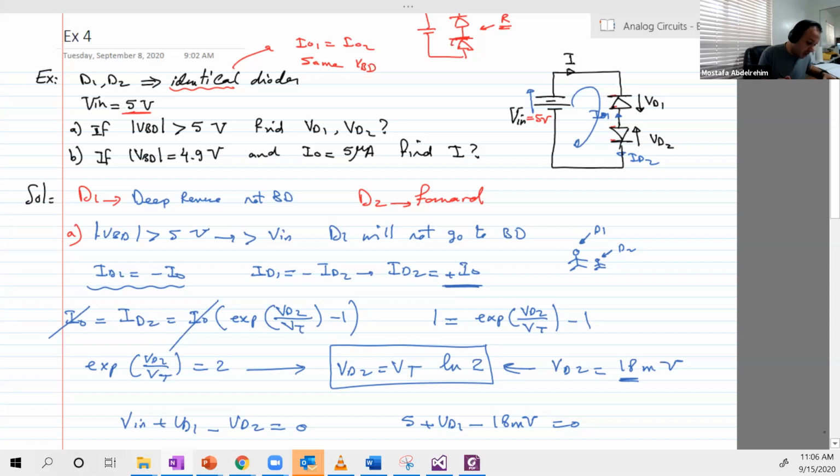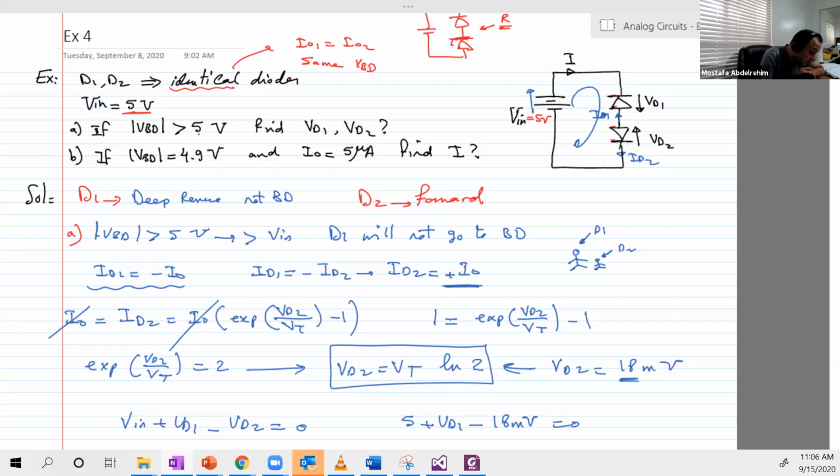Okay, so let's do B now. So in A, V breakdown was larger than 5, so we were sure that D1 will not be in breakdown, only reverse, and we could solve it easily. And this is, by the way, an exact solution without making any alternative solution or something. Now with B, V breakdown is equal to 4.9.